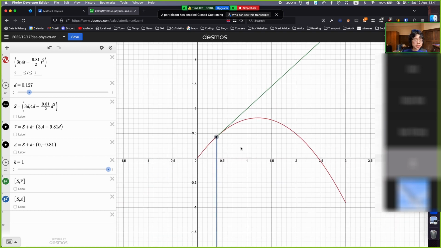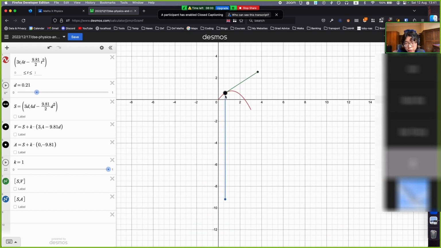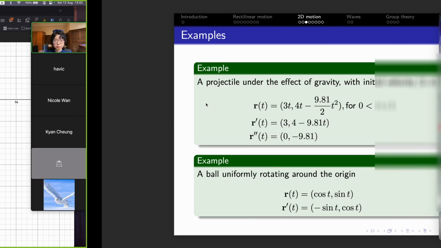Otherwise, the projectile path wouldn't line up. So again, this is how we understand projectile motion. This is how we describe motion in the 2D plane. We will understand how we deduce these quantities later. But just looking at this graph, you can already say so much about projectile motion.